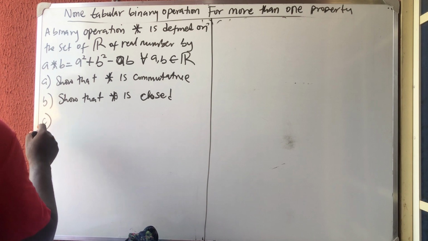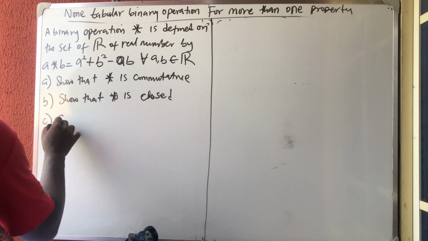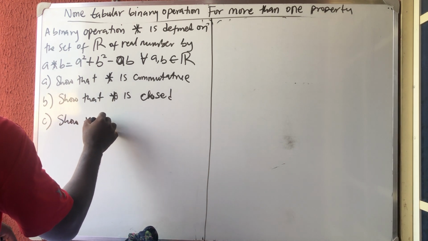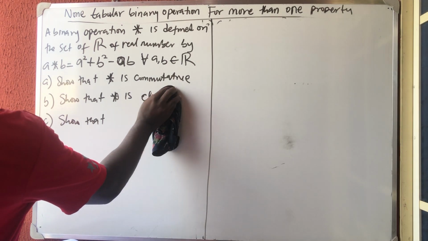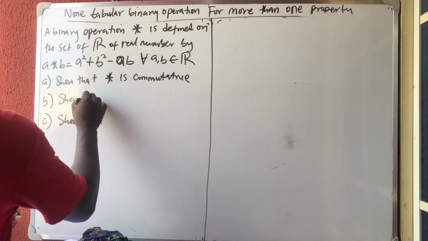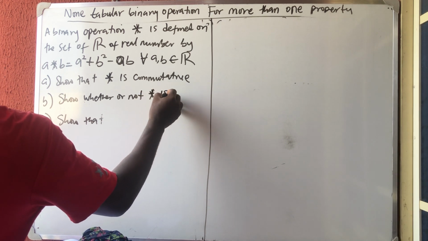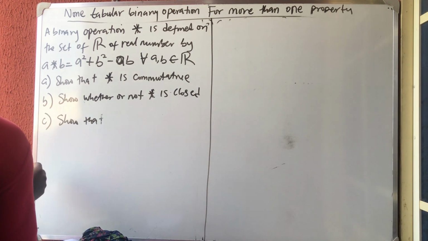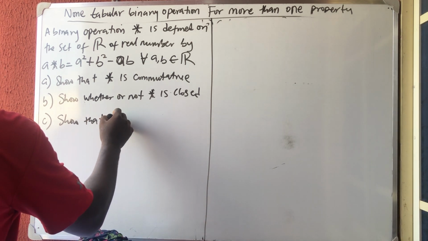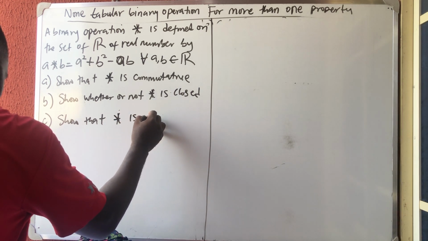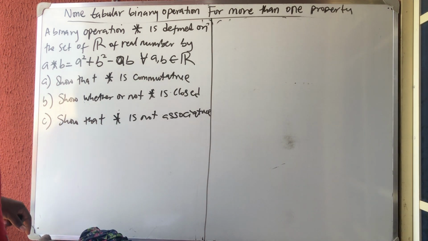C, let's say show whether or not star is closed. Show that star is not associative.